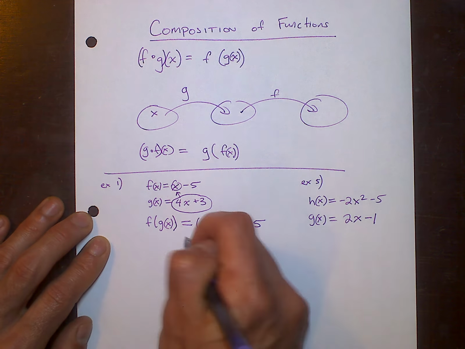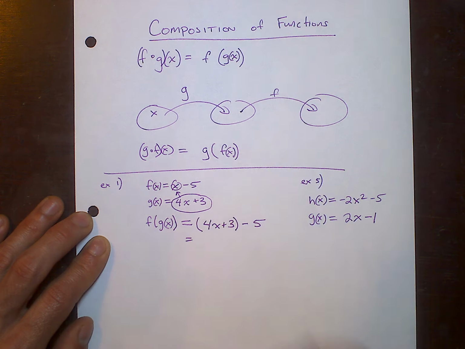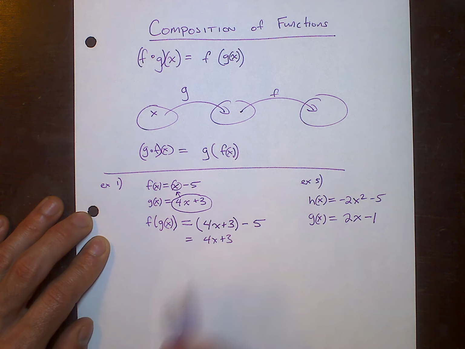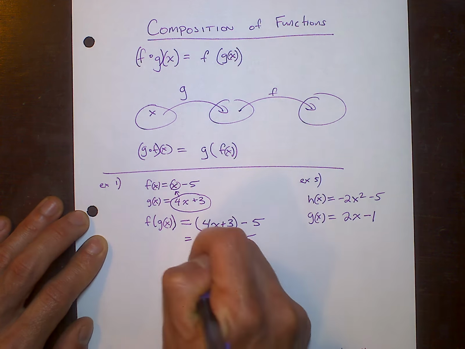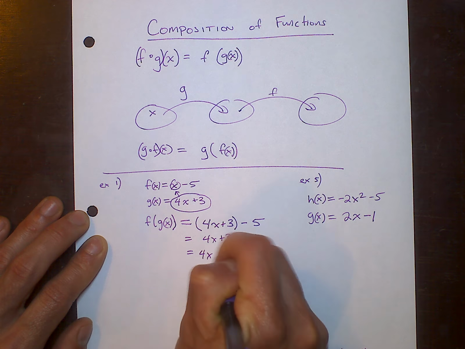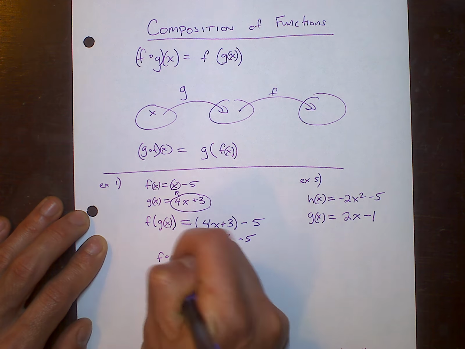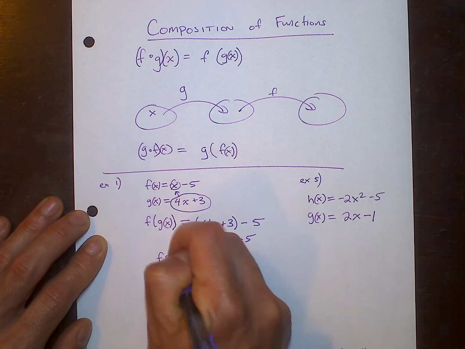Okay, now all you have to do is simplify using distributive properties and combining like terms, nothing to distribute. I'd still like to see the parentheses just in case there were some operations to show, and combine like terms. I'll relabel that as the f of g of x, the composition of functions.